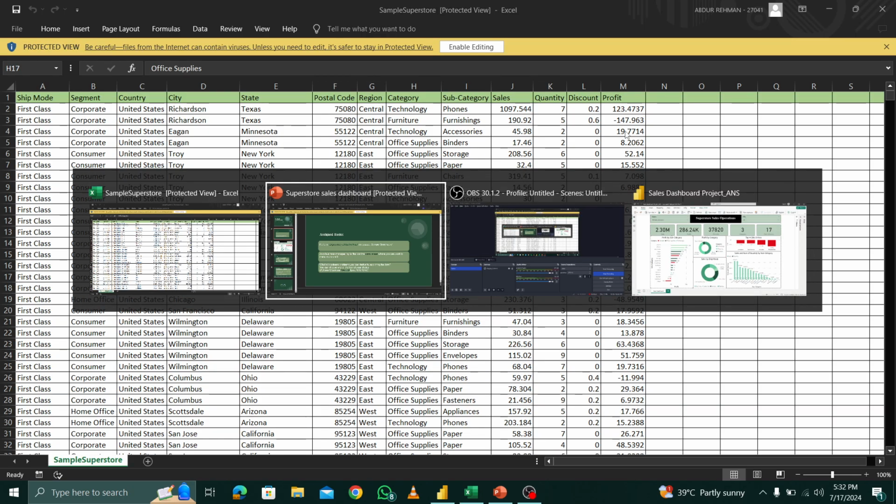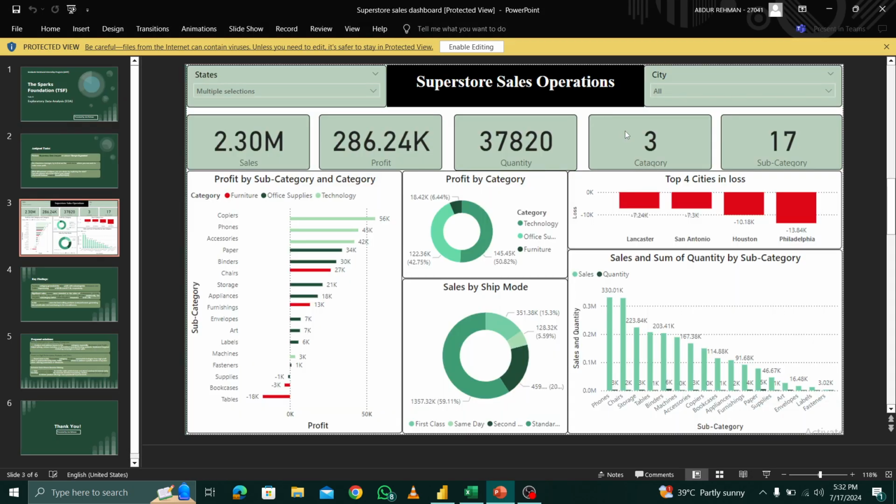So based on this data, I performed the analysis to make sense of it and made a dashboard in Power BI. Here we can see that the data has three main categories and 17 subcategories.